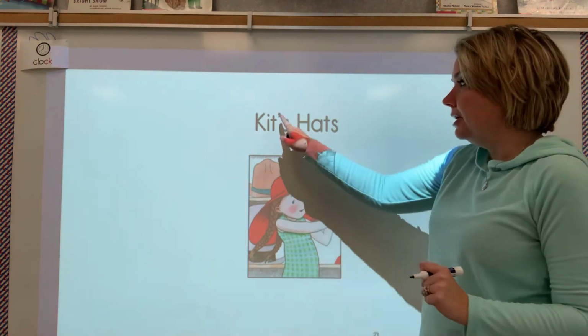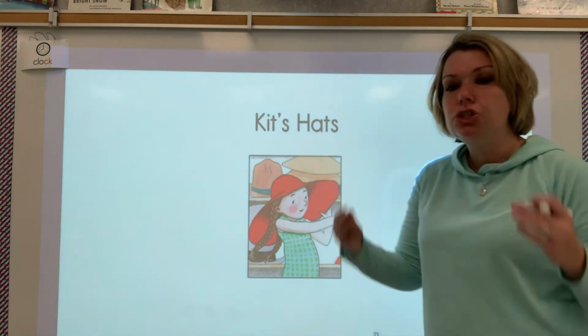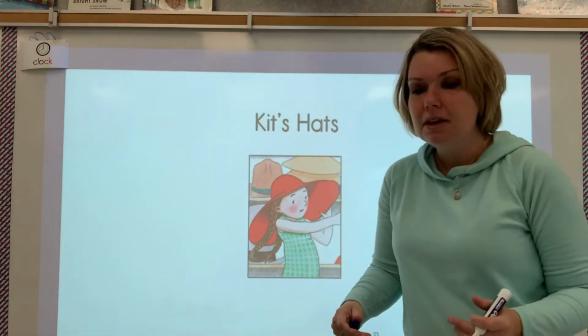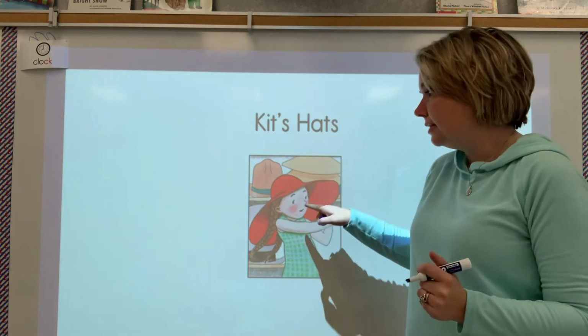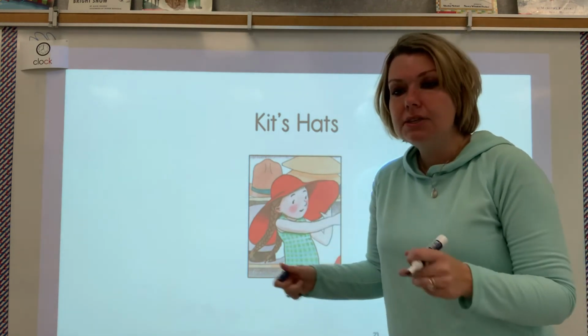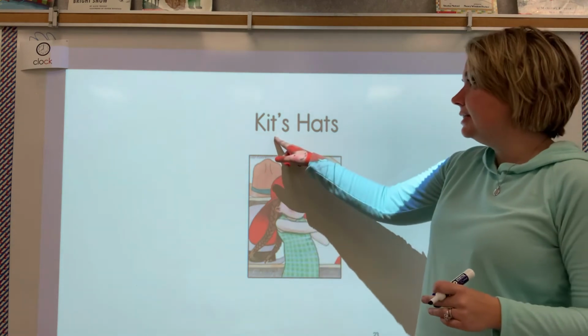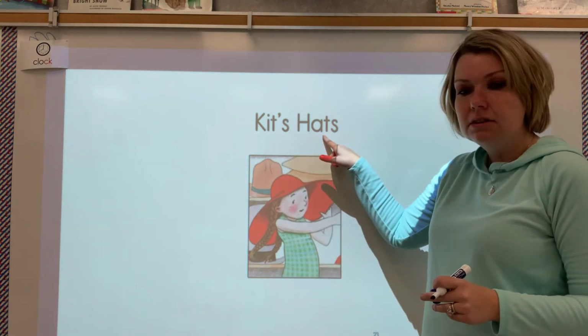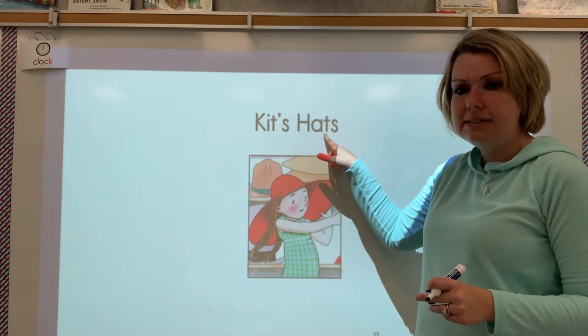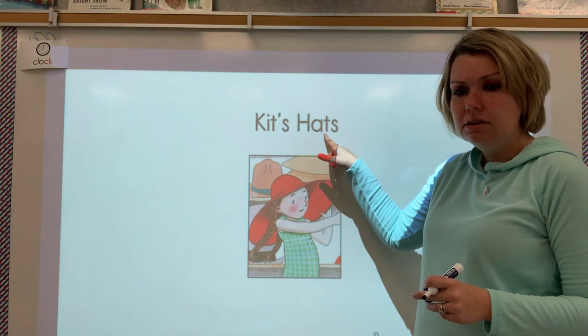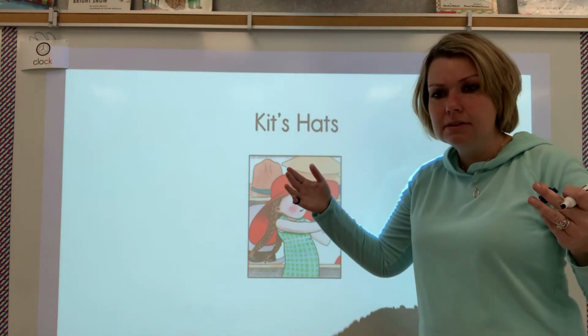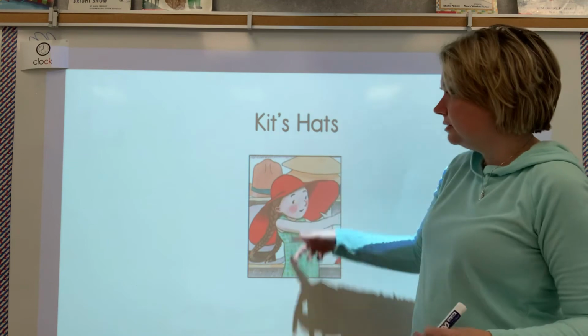The reason we put an apostrophe here is it shows possession. It shows what is that person's. So the title of our book is Kit's Hats. Whose hats are they? Whose hats? Jonyan, whose hats are these?